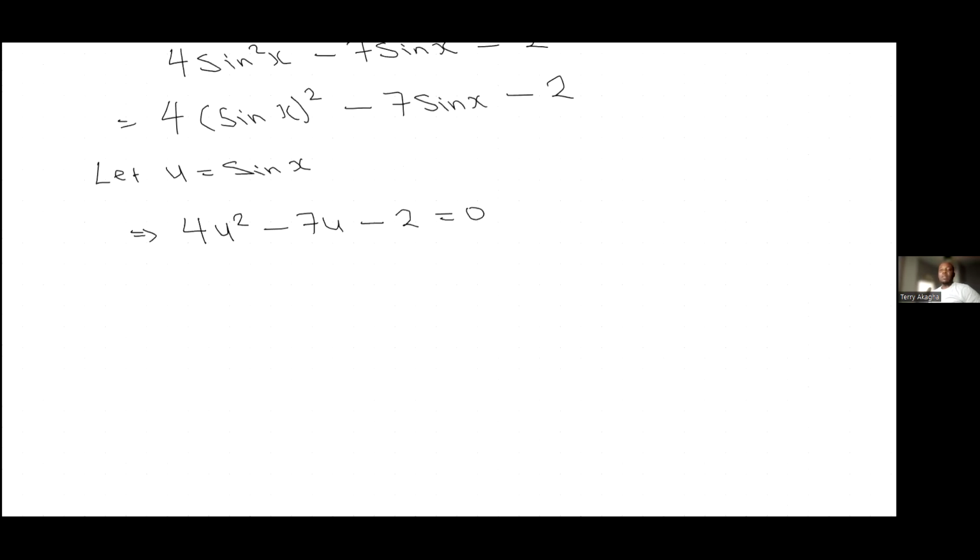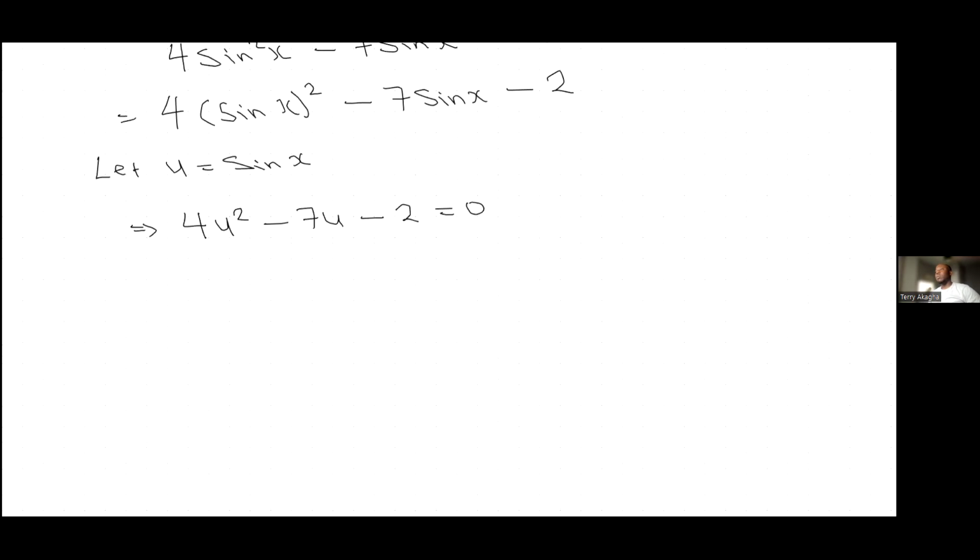Now we can solve this. You can use any of the methods, the whichever way, quadratic formula or completing the square. But I'm going to use the factorization method here. So I'm looking for two numbers that, when I multiply, give me 4 times minus 2, which is minus 8, and when I add those two numbers, it should give me minus 7.